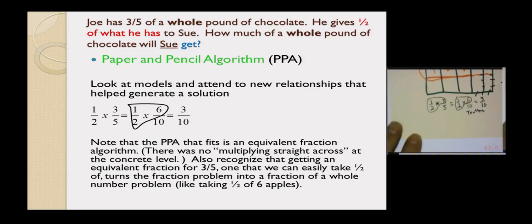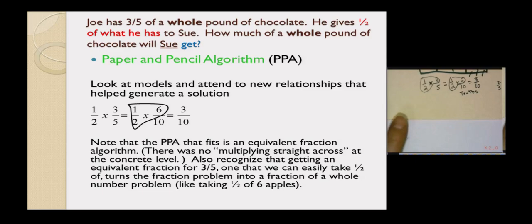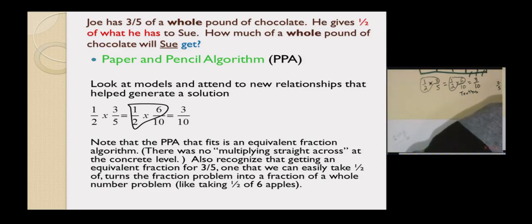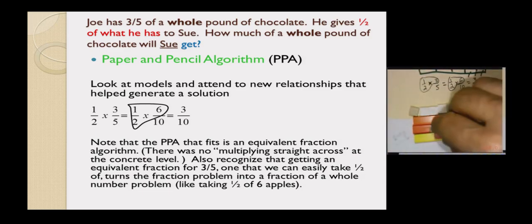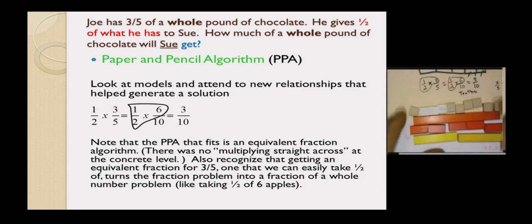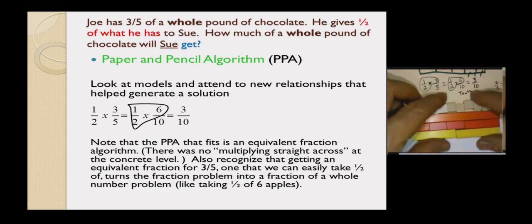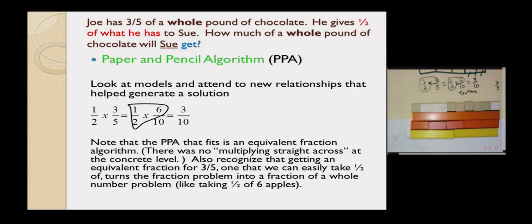And let me point out that that algorithm is still involved back here in the area model. In the Cuisenaire rod model, if you look at the 3/5 here, you can actually tell that 3/5 has an equivalent name of 6/10.